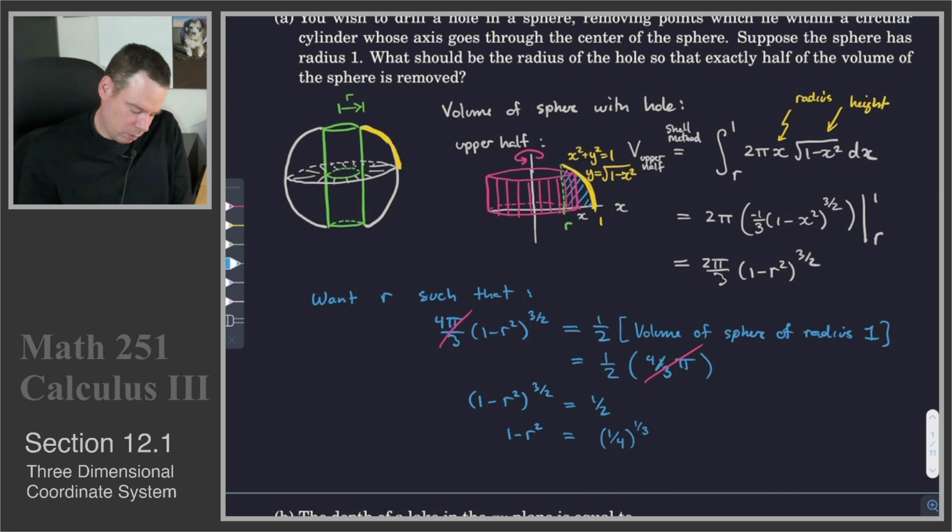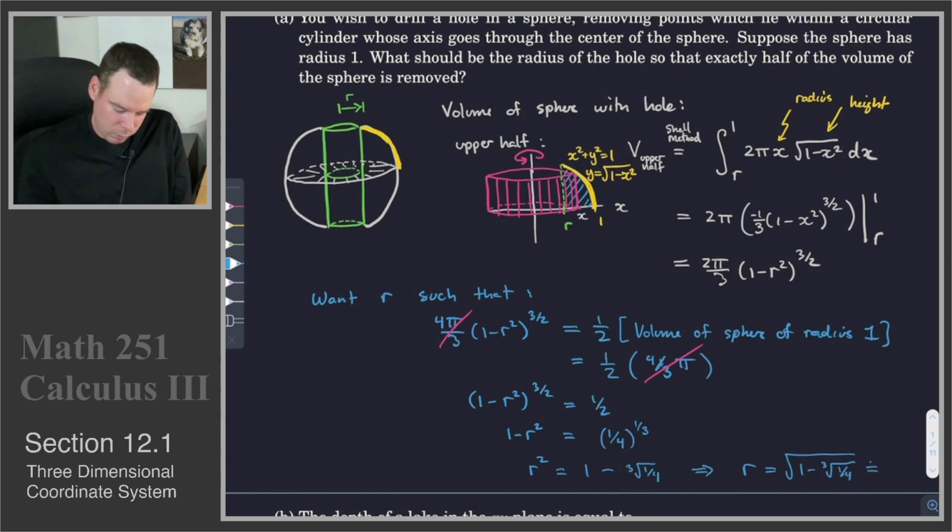And then we can go ahead and solve for r. So r squared is equal to 1 minus, maybe I'll write it this way, the cubed root of a quarter. And then we are square rooting that. So r is equal to the square root of 1 minus the cubed root of a quarter.